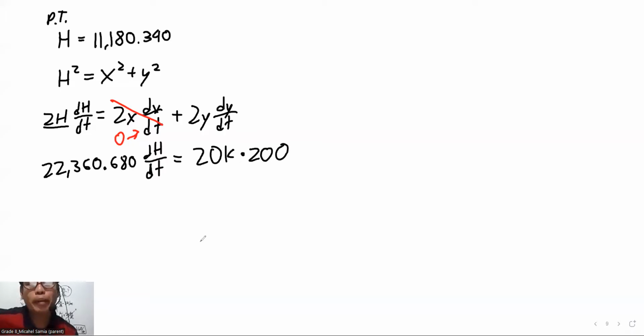Josh, use a parenthesis for multiplication, not a dot. Then isolating dh/dt.